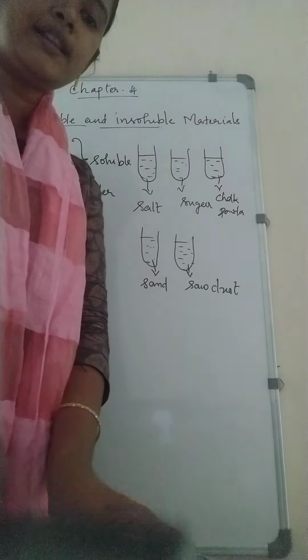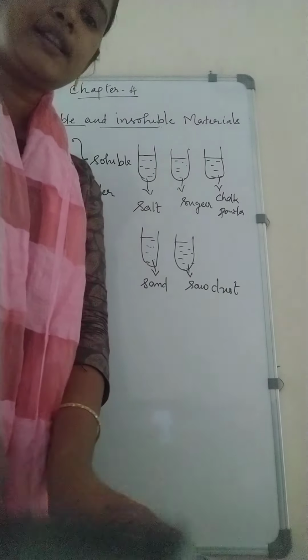Add some honey using a spoon. Just stir the solution. Then keep that water separately. Then what you can see, this honey will come to the bottom. You can see honey will settle and deposit at the bottom.